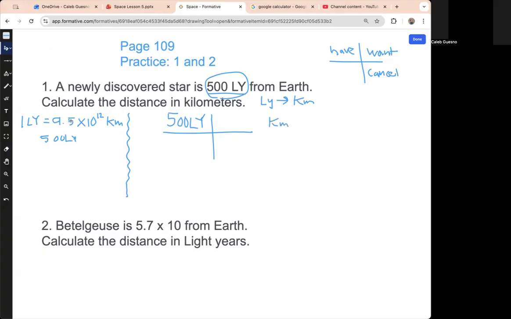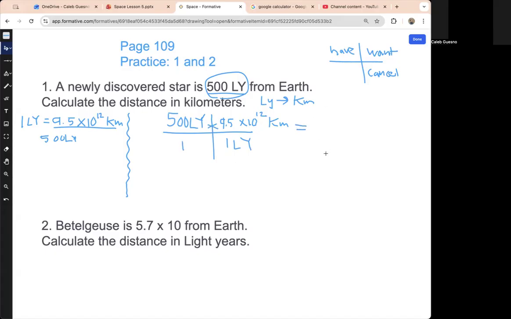And in here, the kilometer in 1 light year is 9.5 times 10 to the 12. So this is interesting. This is now a different problem where we're actually going to multiply.